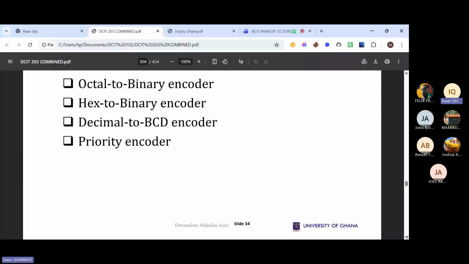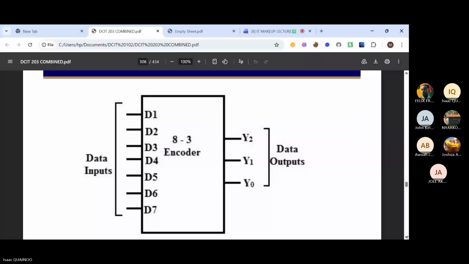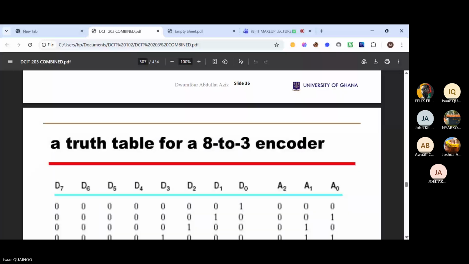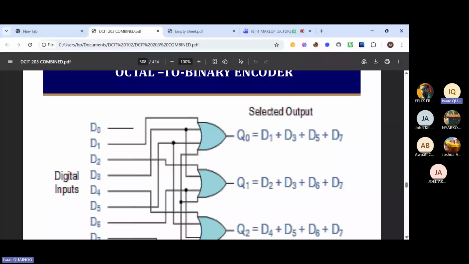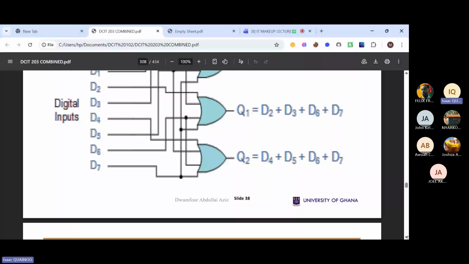So we're on the BCD to decimal decoder, right? I believe we have that. Oh, unfortunately, I think we don't have that here.